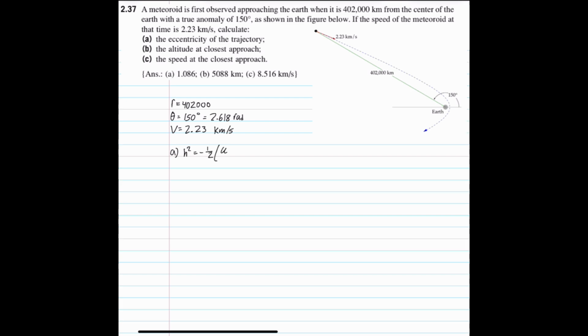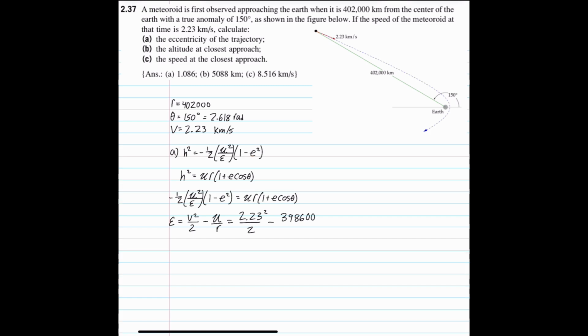So in part A, it asks us for the eccentricity. We can use this equation. We also know that h squared is also equal to this. And then we can set those two things equal to each other. And the only unknown in that expression besides E is the energy.